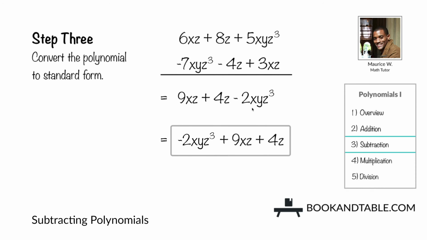So this term should be first, 9xz should be second, and 4z should be third. So the answer in standard form is equal to -2xyz cubed plus 9xz plus 4z. So that is how we go about subtracting polynomials.